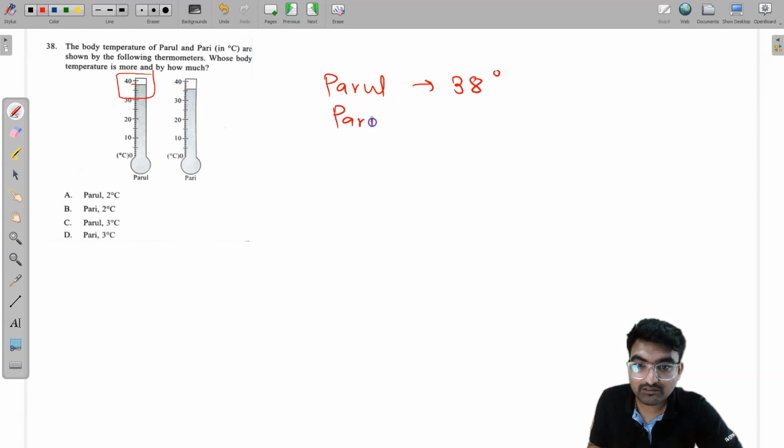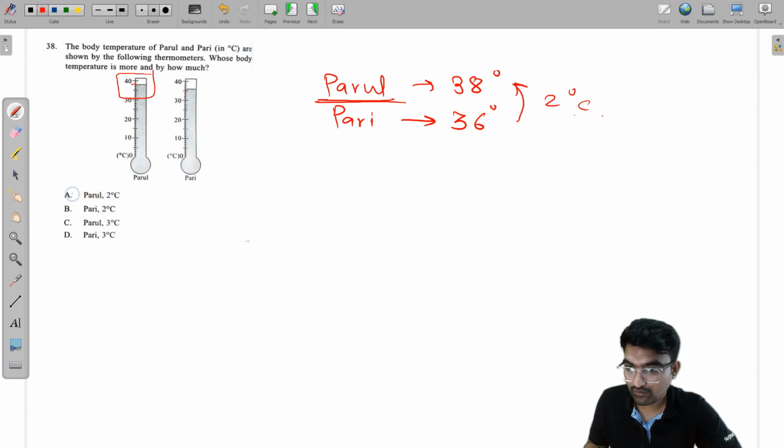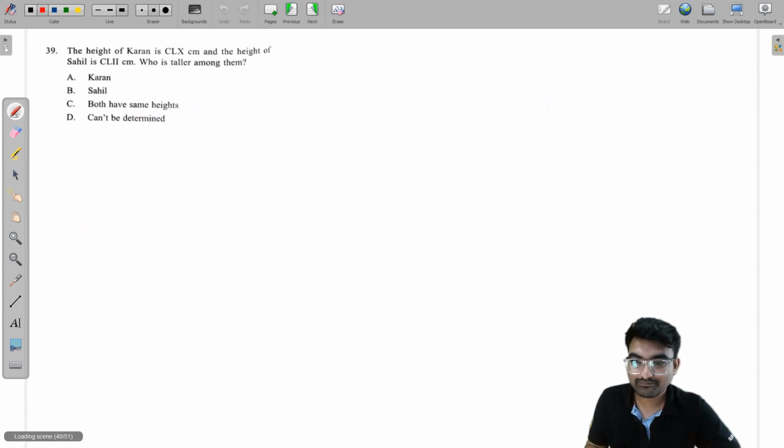Pari has body temperature of 36 degrees. Right? Now as you can see, Parul has body temperature more than Pari by 2 degrees Celsius. Right? So Parul, 2 degrees Celsius is our option, that is option number A.